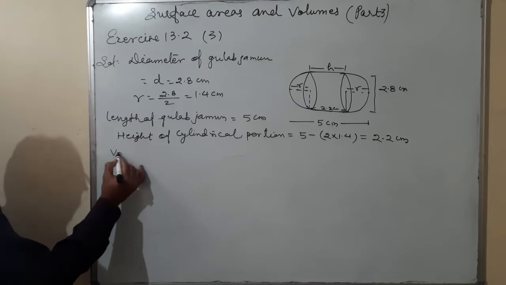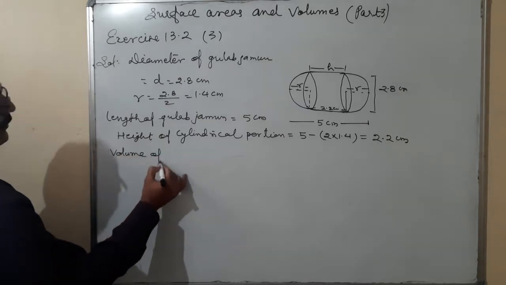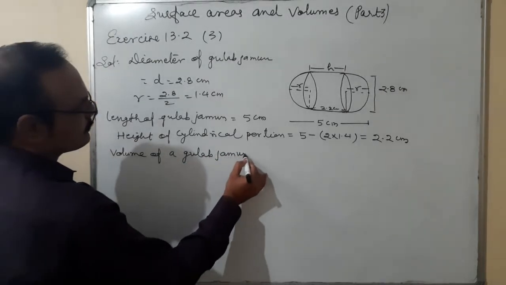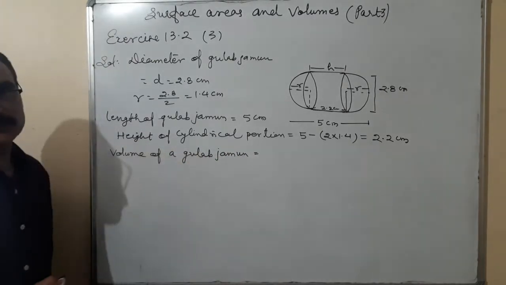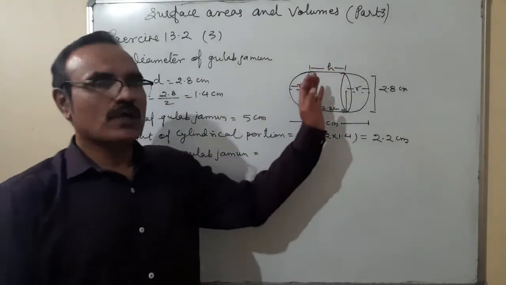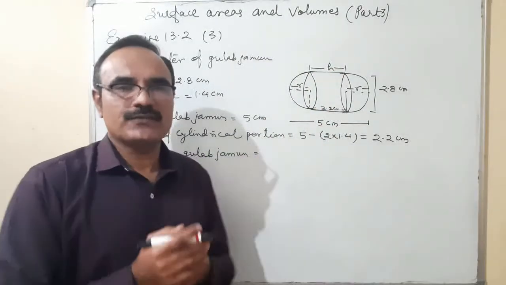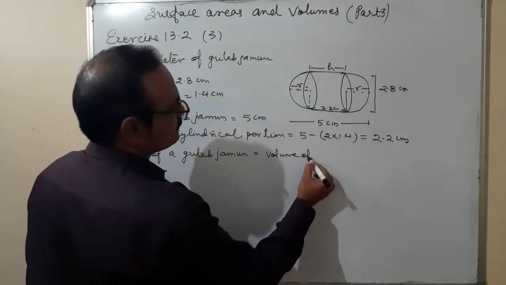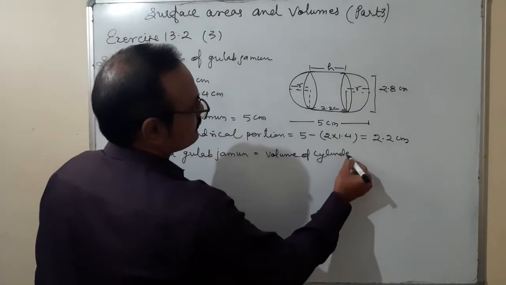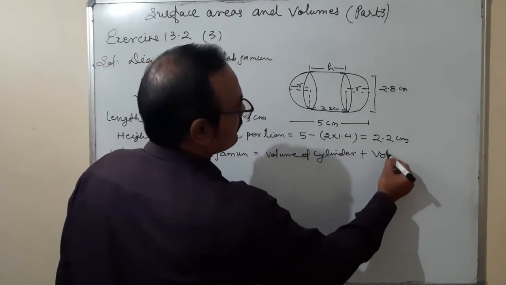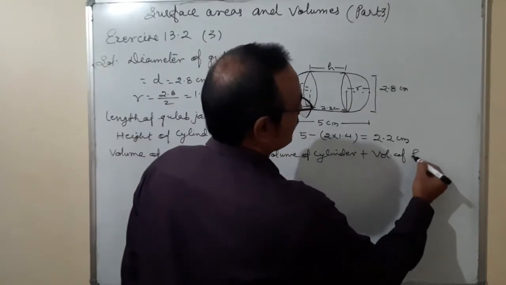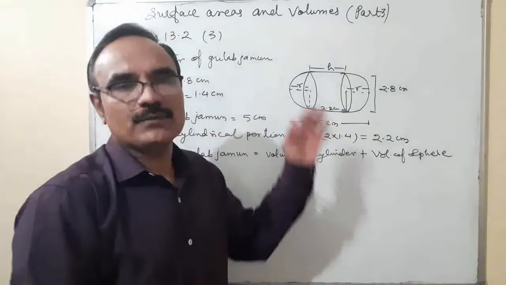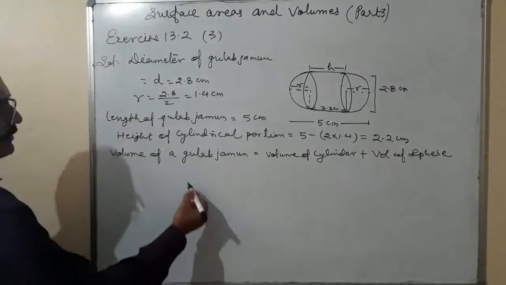Now start finding the volume of a gulab jamun. This gulab jamun is made by one cylinder and two hemispherical ends. So the volume of cylinder plus volume of sphere, because when you join two hemispheres, the volume is the same as the volume of a sphere.